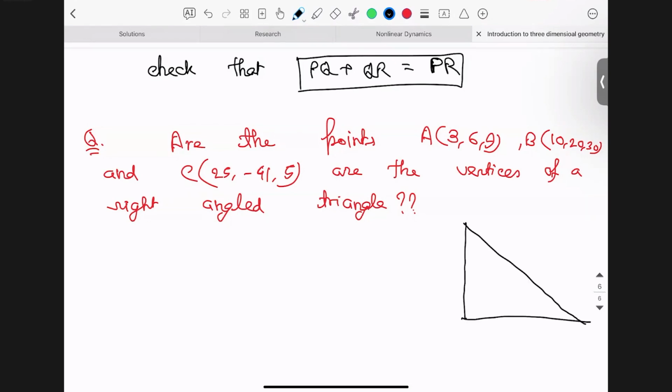Suppose I have A, B, C like this. Suppose I don't know which coordinate goes where. The question is whether it is a right angle triangle or not.